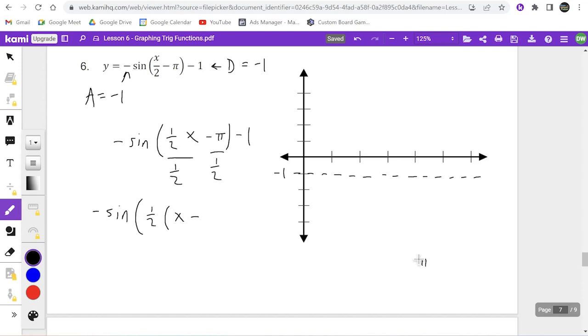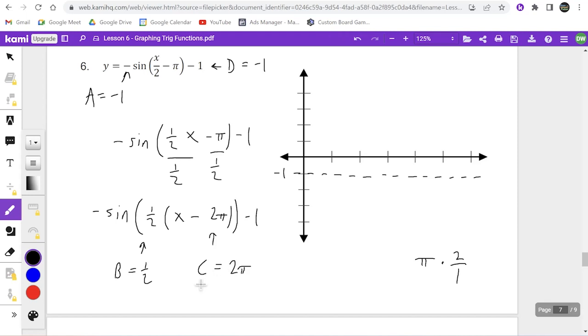Well, remember, pi divided by a fraction is the same thing as multiplying by the reciprocal. So it's really times 2 over 1. So it's really minus 2 pi. Close parenthesis, minus 1. So now I've got everything. A is -1, D is -1, B is 1/2, and C is positive 2 pi. Because remember, positive 2 pi because it's the opposite of whatever it's given to you.